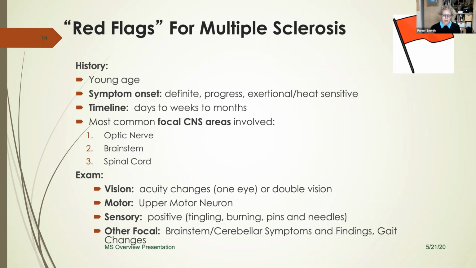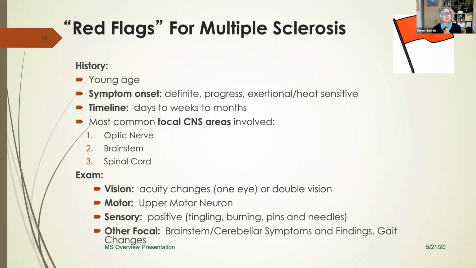So when we look at them, if they're younger, we tend to think, oh yeah, that's a higher chance that they might have MS, rather than if they're in their 60s or 70s. Usually their symptoms are really definite. So they can tell you exactly when they started, how they progressed over time, and the symptoms really affect their lives. So if someone has tingling and it goes away when they change position, or it is the same for months on end, that does not fit with MS. We really do use that definitive worsening, plateau, and getting better.